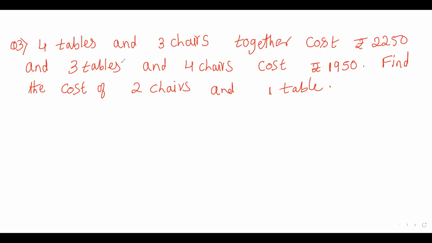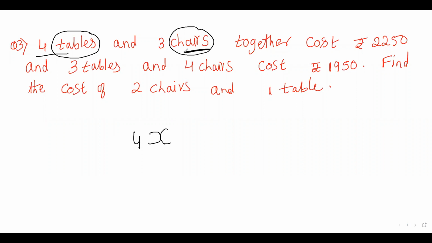In all the verbal questions, two conditions will be given. Now I will be taking the cost of a table as x and the cost of a chair as y. If the cost of each table is x, the cost of 4 tables will be 4x.